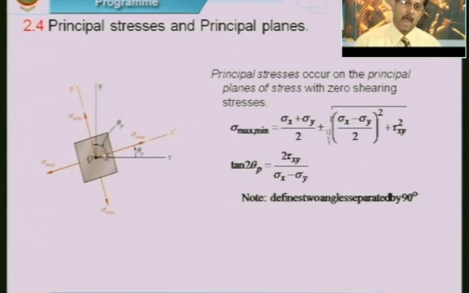Now this angle would be equal to theta p plus 90 degrees. That is what we get from this. Okay, so this equation gives us the maximum and the minimum principal stress, whereas this equation would give us the inclination of the principal planes.